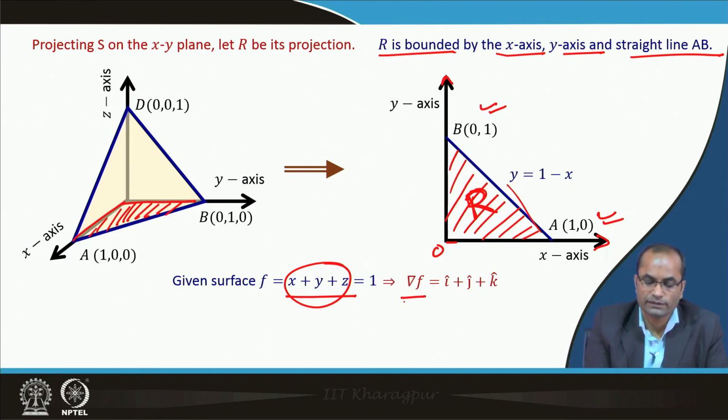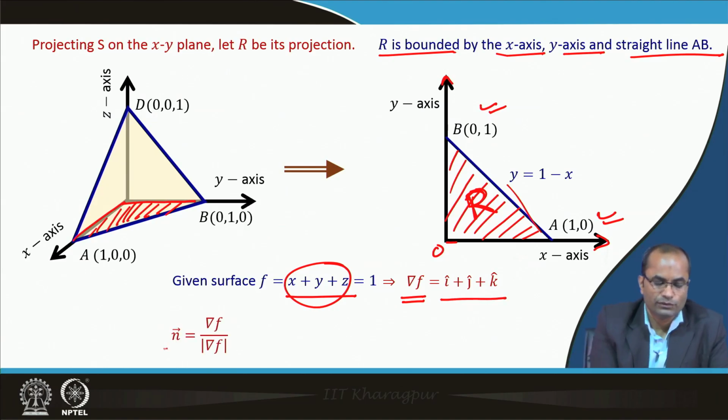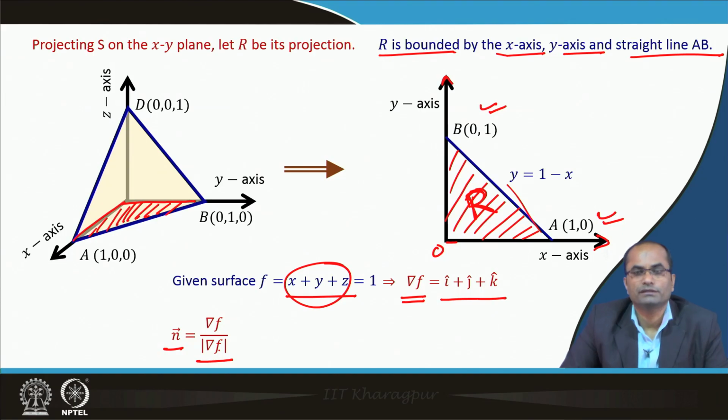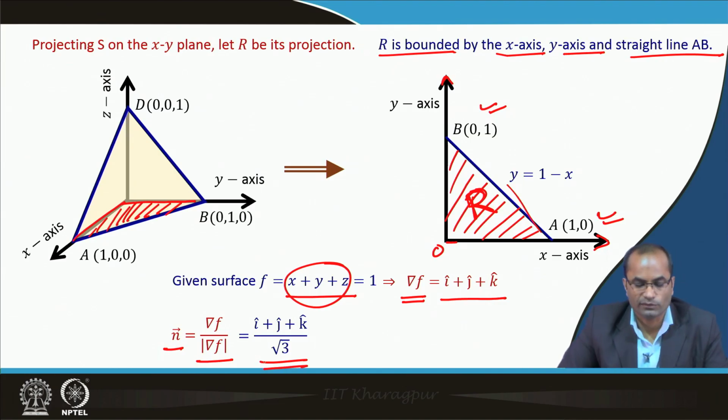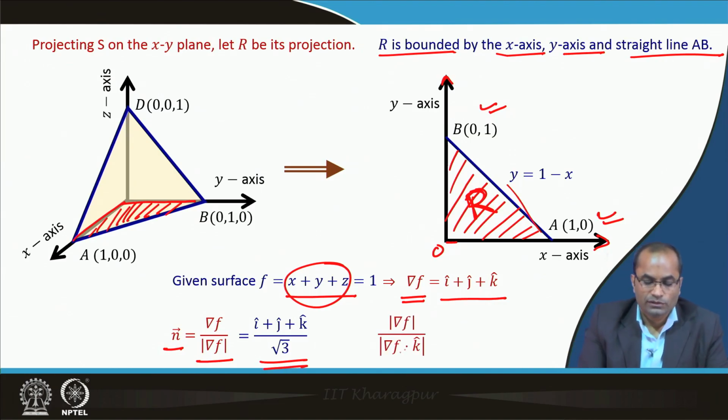For that we need to compute grad f, that is i plus j plus k, and for the unit normal we divide by its magnitude, and we get i plus j plus k divided by square root 3. So, grad f over grad f dot k, we need to compute this factor which will convert this surface integral to this area integral, and we have taken k because of the projection on the xy plane.